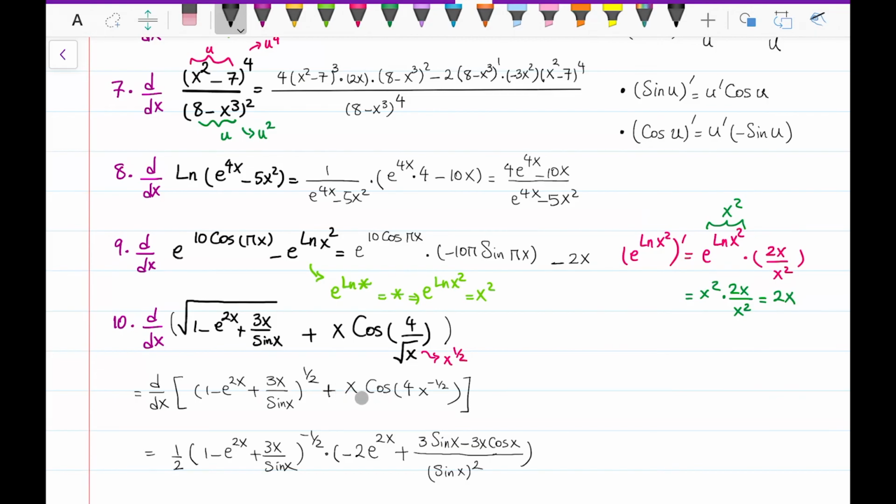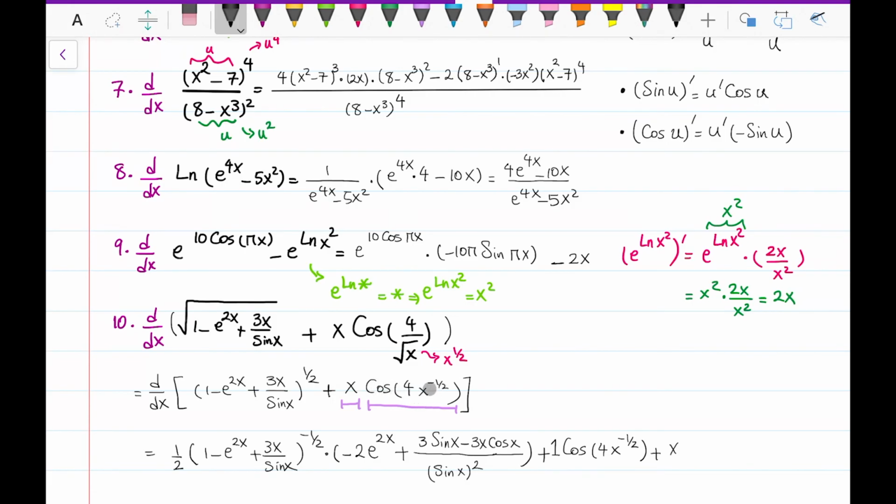Now for the second one, I need to use the product rule because I have two functions that get multiplied to each other like this. So using the product rule, it would be the derivative of the first one, which is just 1, times the second one. So plus 1 times cosine of 4x to the power of negative 1/2, plus the derivative of the big part times x. I'm going to write x, I don't want to forget it, and then the derivative of cosine of this point.